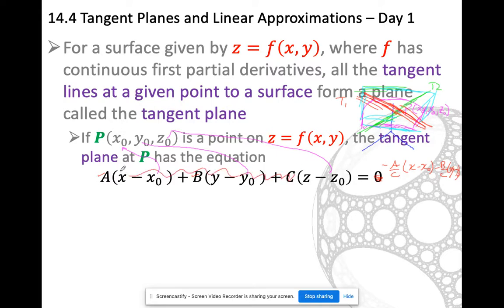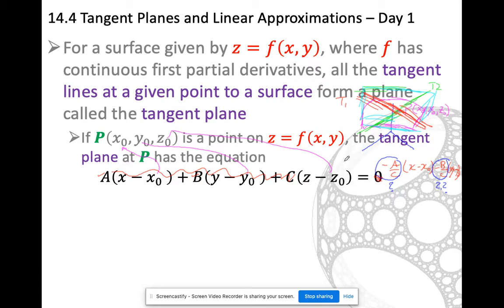And then I would only have z minus the z coordinate over here on the right side. Yes? Are you with me with that algebra? I'm going to call this question mark 1 and question mark 2, the multipliers on x minus x sub naught and y minus y sub naught.